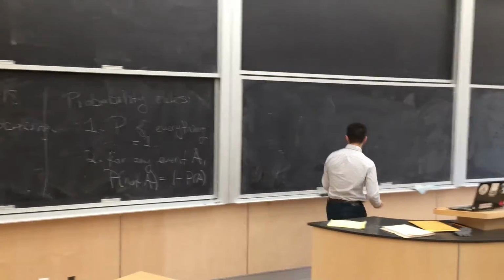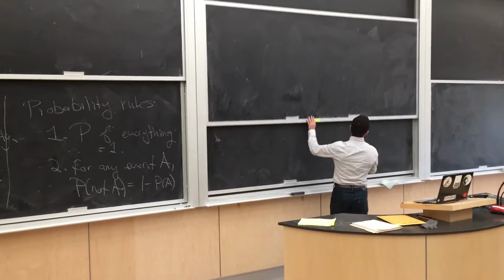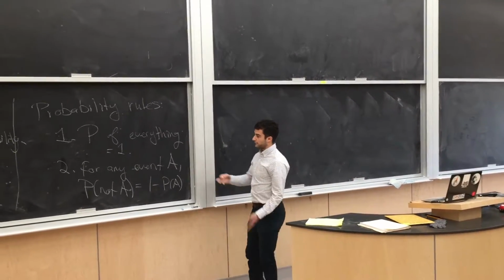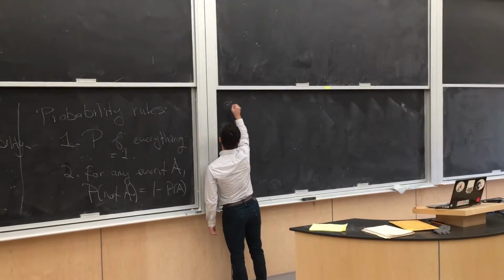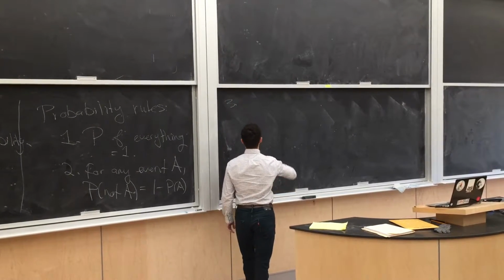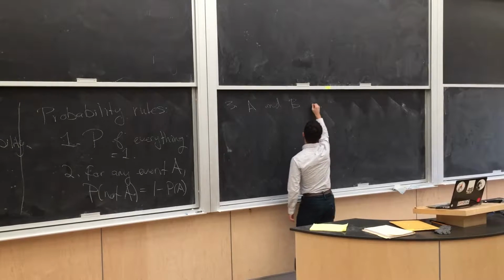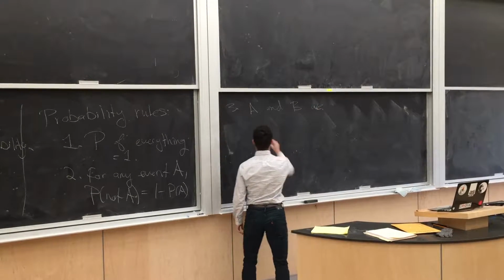And the third rule that you need to know is for when you have 2 different events, A and B. So A and B are 2 events.